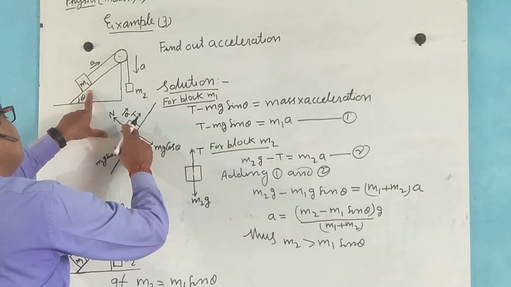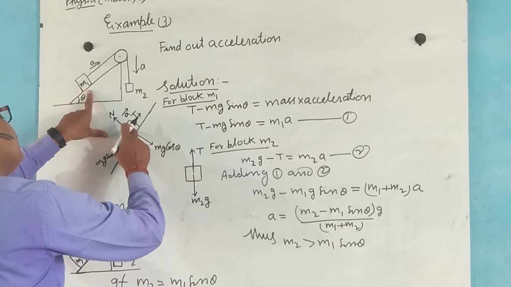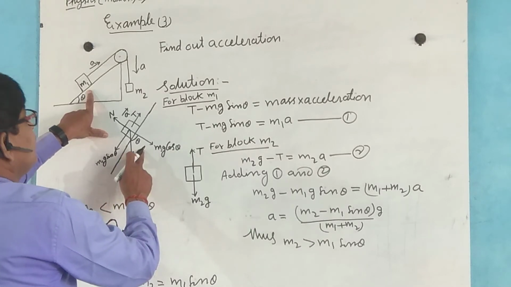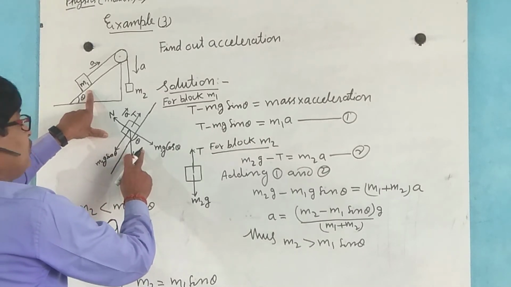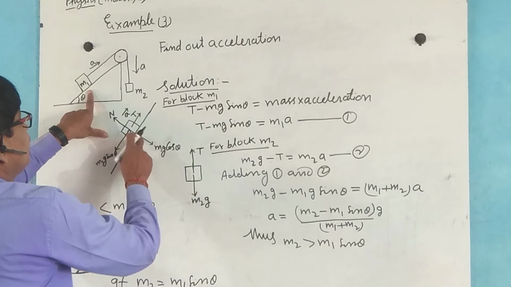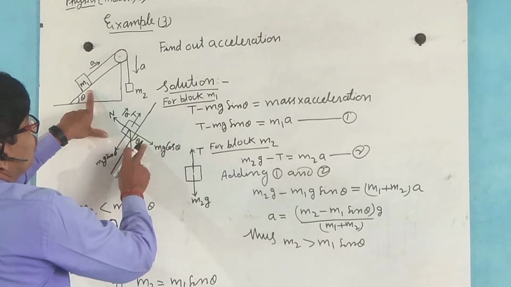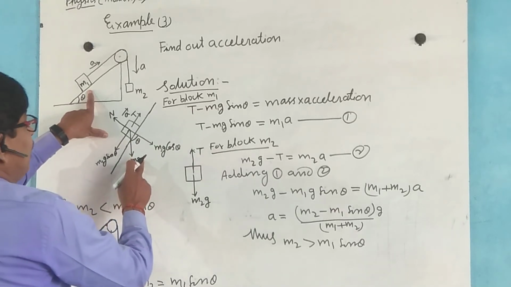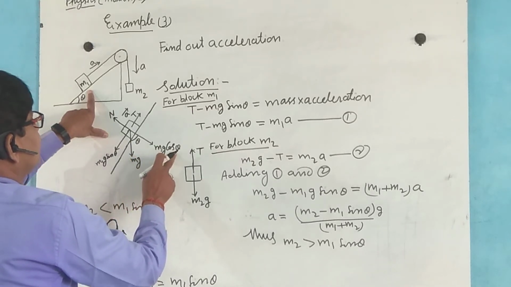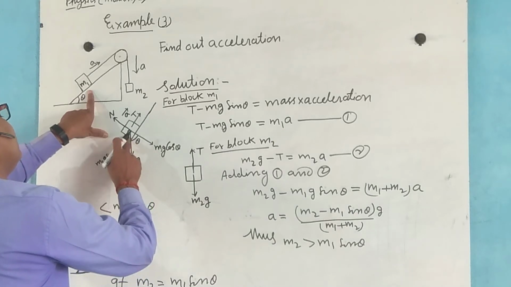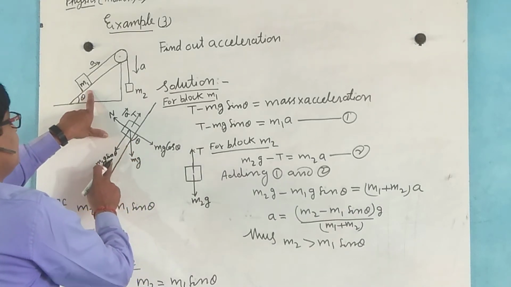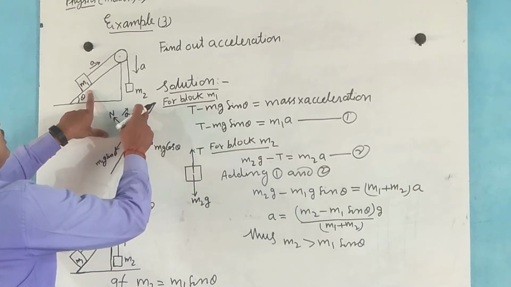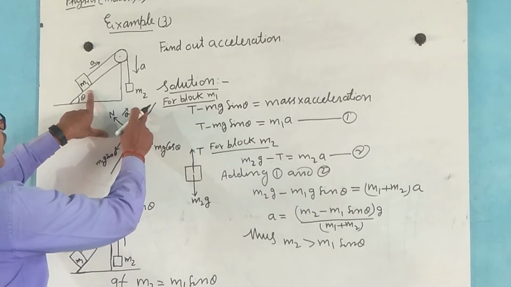The force M1g cos theta, since cos theta is equal to base by hypotenuse. So this is one component, M1g cos theta, and this is M2g sin theta, and the tension force acts in this direction.